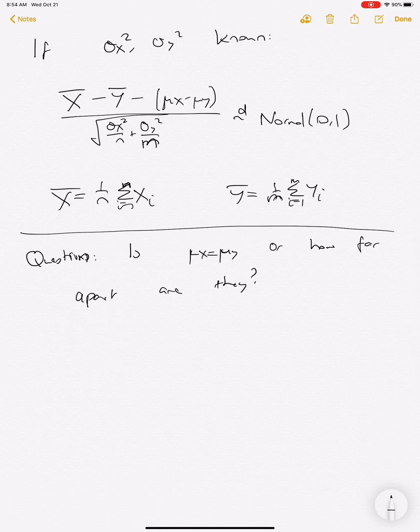As we discussed in chapters 8 and 9, you can always pose any estimation or confidence interval question in terms of a hypothesis test. So we're going to start with the hypothesis testing angle, but I'll also talk about the perspective from confidence intervals. We have H naught, which is mu x equals mu y, or equivalently mu x minus mu y equals 0.